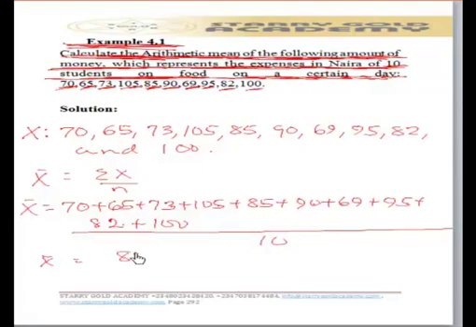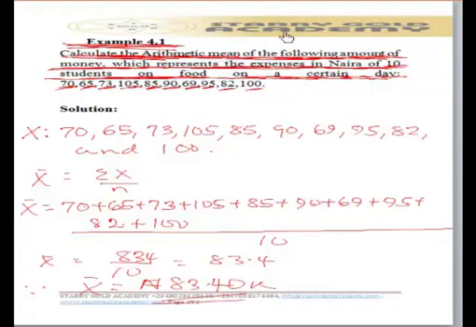We have 834 all over 10, and this will give us 83.4. Therefore, the arithmetic mean in terms of expenditure will be equal to 83 naira 40 kobo. That is the arithmetic mean on the expenditure incurred by a total of 10 students on food on a certain day.